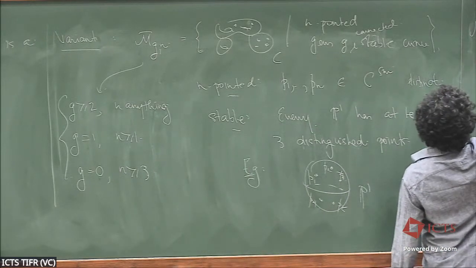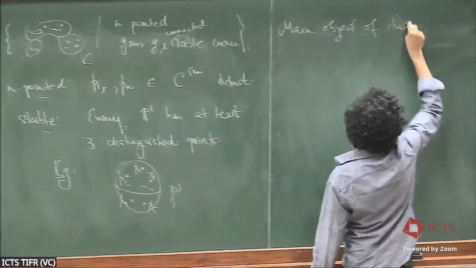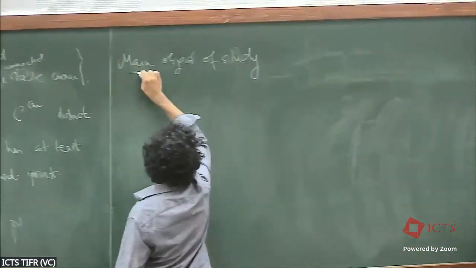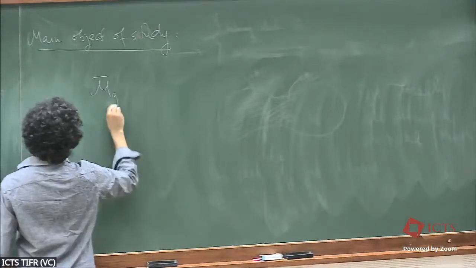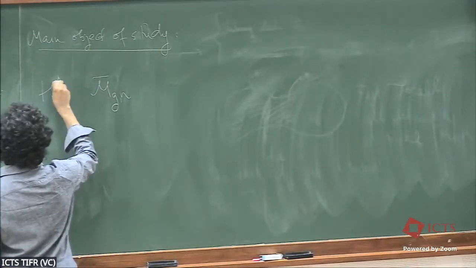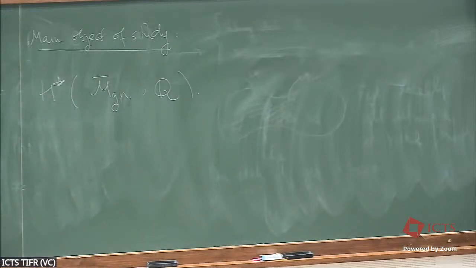Our main object of study for the remaining time will be this object, which is the cohomology ring with rational coefficients of M_g,n bar.